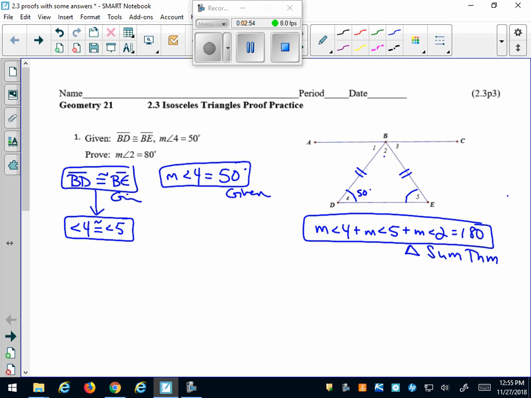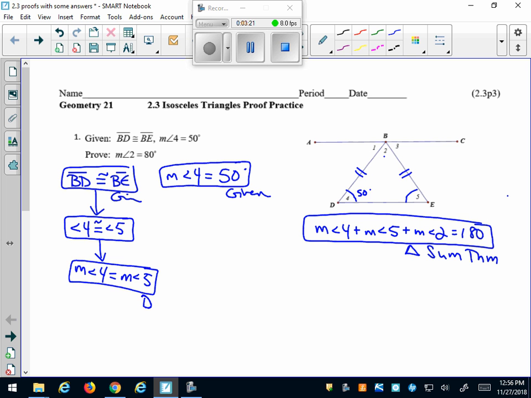What could we do to get the measure of angle 2? Okay, so you're saying since the measure of angle 4 is 50, and we know 4 and 5 are the same, yeah, so first we have to say the measure of angle 4 equals the measure of angle 5 by definition of congruent.